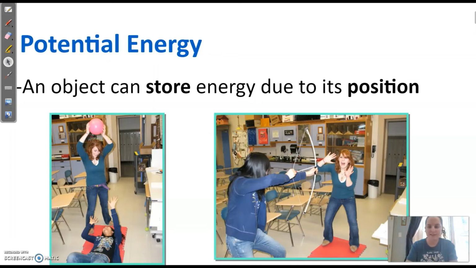What that means is if I was to lift a bowling ball an inch above your head, or 12 feet above your head, that bowling ball has more potential energy, or more stored energy, and so it has more potential to do damage. Or think about the bow being drawn back on a bow and arrow, again, more potential to do damage.